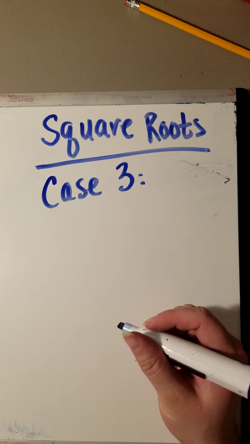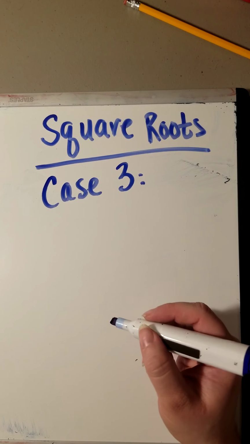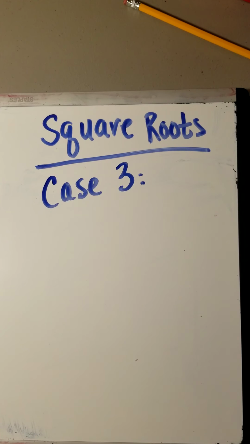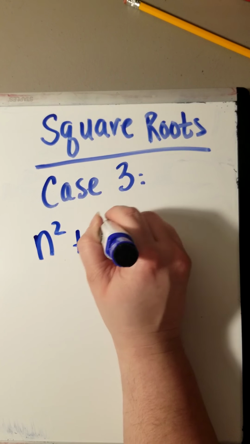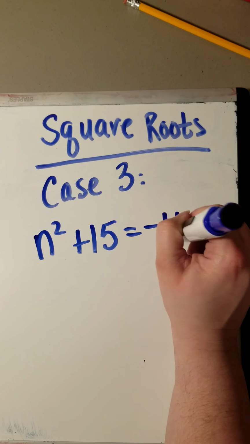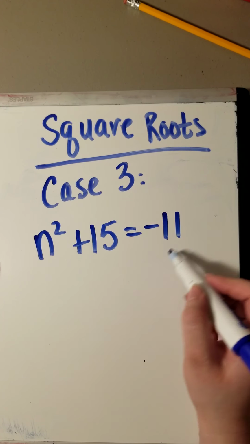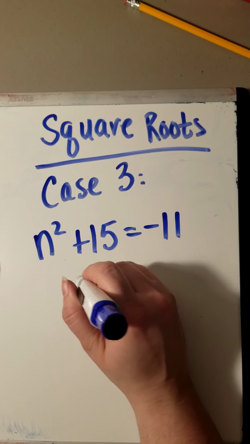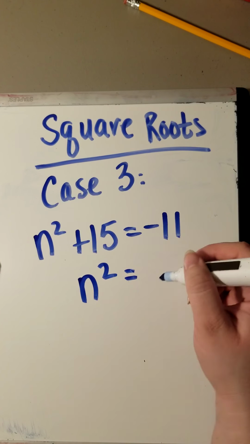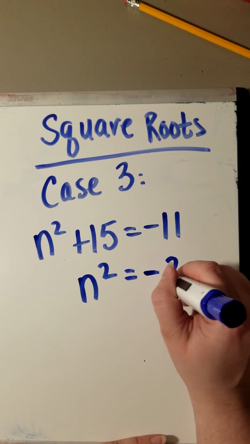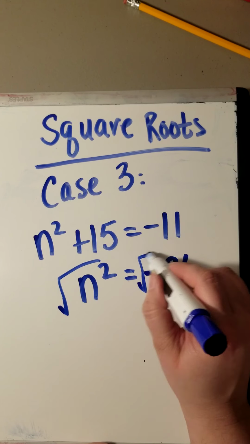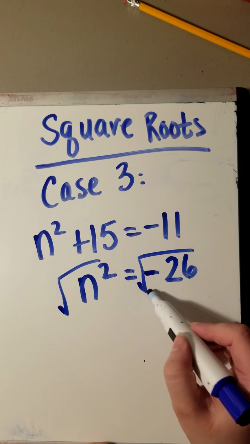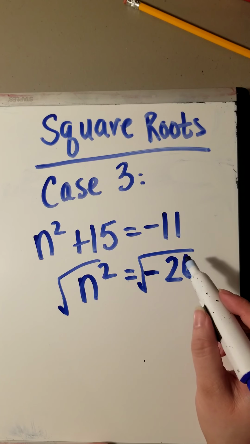Third case is, well, actually, there's technically, I guess, 4 cases then. The third case is something like n squared minus 15 equals negative 11. If you were to subtract this 15 from both sides, you'd get n squared equals negative 26. And when you take the square root of both sides, your negative is now on the inside of the square root.